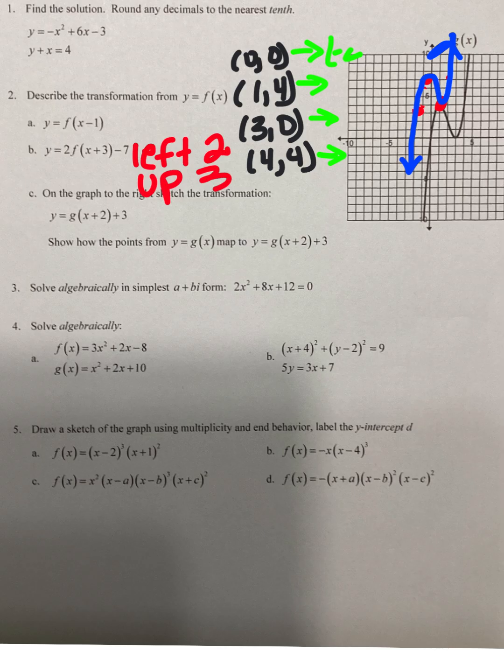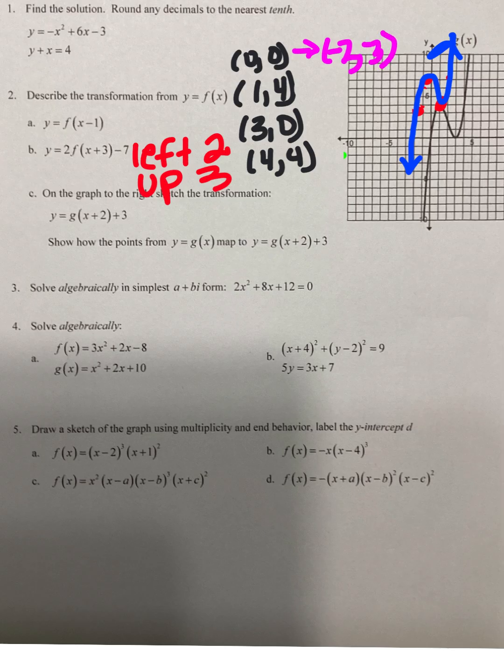I feel like the green is hard to see. All right, so 0, 0 went left 2, so that's negative 2. And then up 3, so we went 1, 2, 3, so that's 3. So we went negative 2, positive 3.